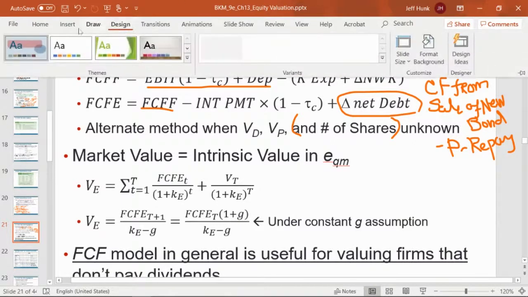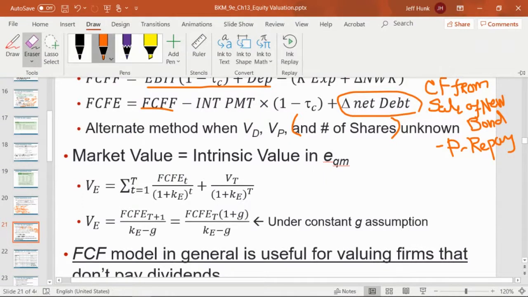Now, of course, I've been telling you over and over repeatedly that market value is not intrinsic value in the short run, right?